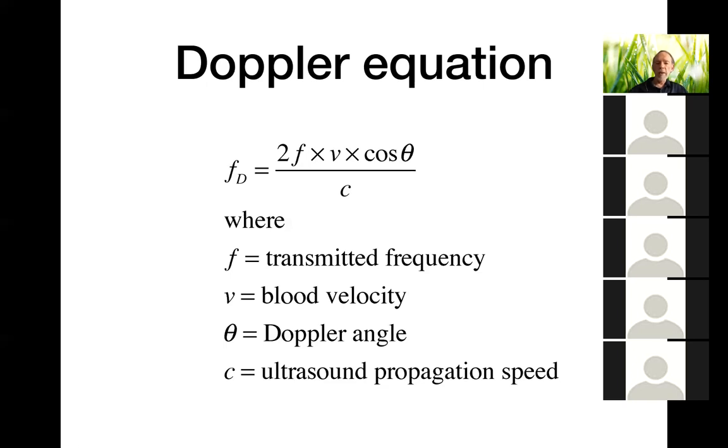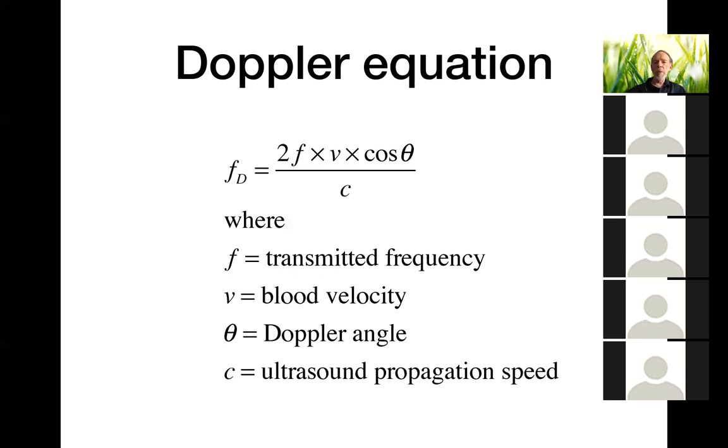The Doppler angle is the angle that I've been talking about between the beam and the flow direction. So you can see that the Doppler shift is influenced by both how fast the blood is going and the direction it is traveling relative to the beam. The machine is going to measure the Doppler shift and it wants to calculate the velocity from that. So it must know what the angle is.